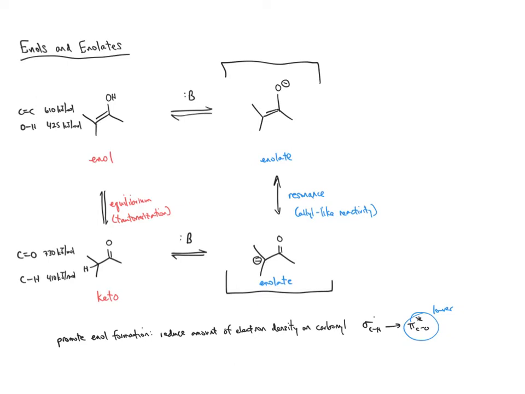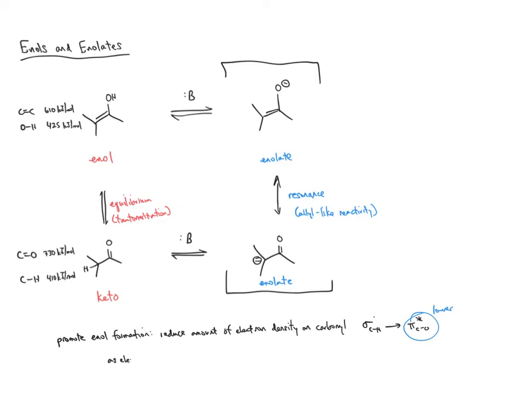So more sigma donation will result, more enol will be formed, and the proton that is moving will become more acidic. Another way of saying this is as follows. As the electron deficiency of the carbonyl builds up, sigma donation is greater and more enol forms. So I'll write that down.